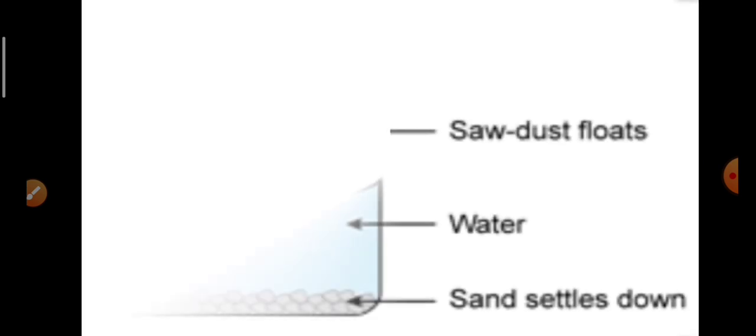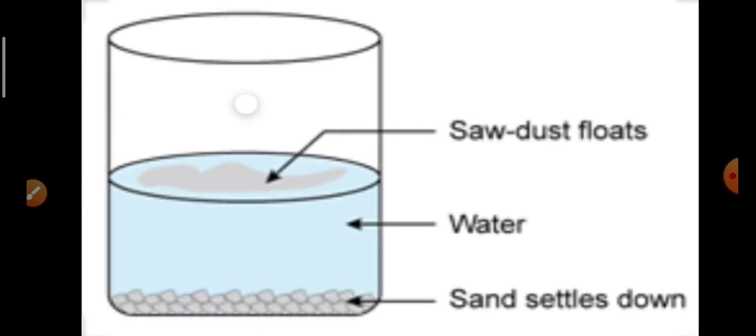For example, we can separate sawdust from sand by this method, as sand is heavier so it settles down at the bottom of the beaker, and as sawdust is lighter than water, it floats.